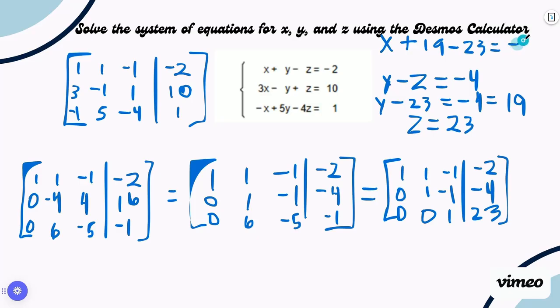And then when I solve, I'll see 19 minus 23 is negative 4. Add the 4 to both sides, so x would equal 2. So then 2, 19, and 23.